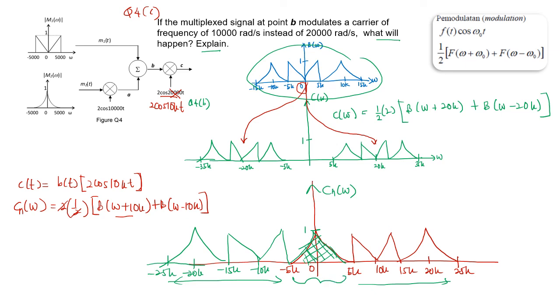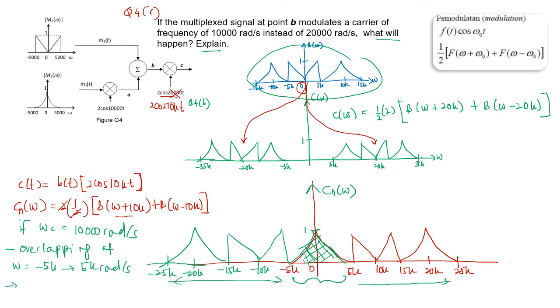Therefore, if omega C, the carrier frequency, is now equal to 10,000 radian per second, you may see there's overlapping at omega equal to negative 5k to 5k radian per second.